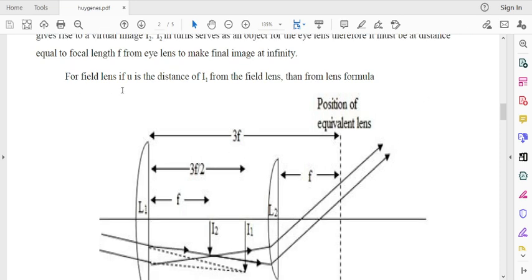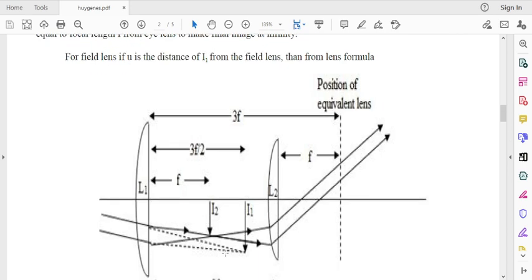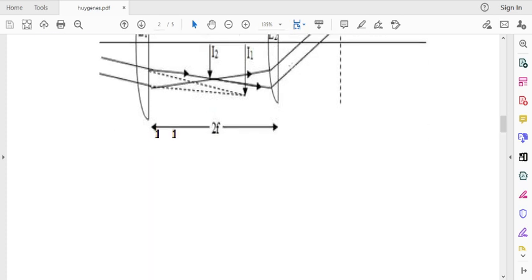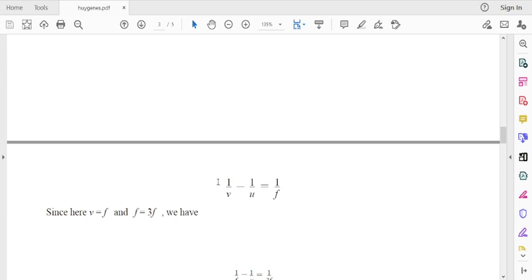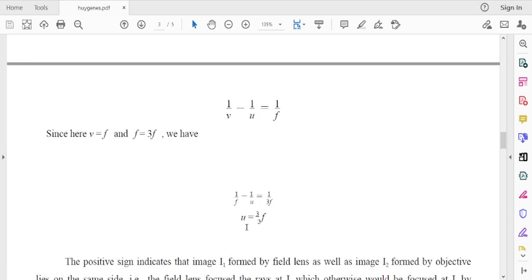For the field lens, if u is the distance of I1 from the field lens, then from the lens formula 1/v minus 1/u equals 1/f, and if v is f and the focal length is 3f, then u equals 3/2 f.